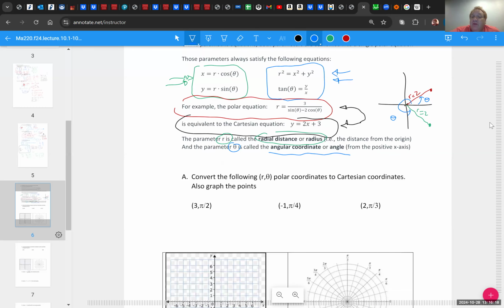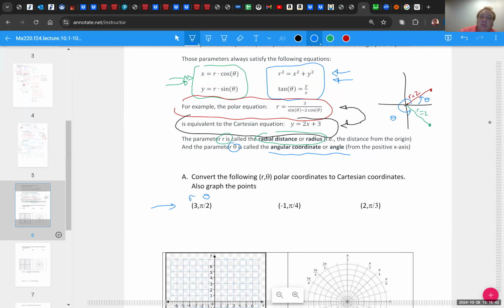So example A says, convert the following r theta polar coordinates to Cartesian coordinates and also graph the points. It gives us 3 comma pi over 2. That's r comma theta. So we know r is 3 and theta is pi over 2. It's always r first and theta second, just like it's always x first and y second, right?